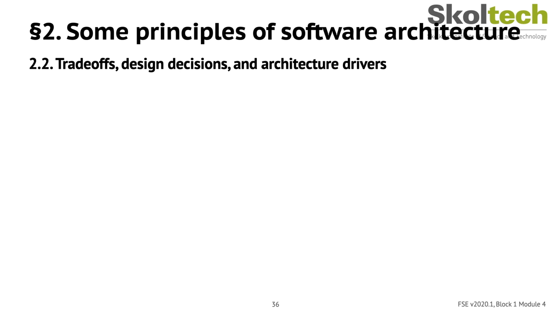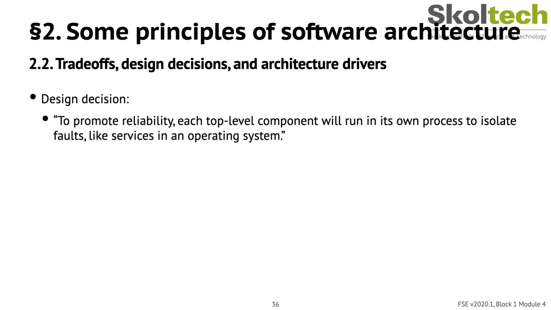With an established prioritization of quality attributes, one may proceed with making other design decisions. For instance, one of the design decisions might read as: to promote reliability, each top-level component will run in its own process to isolate faults, like services in an operating system.